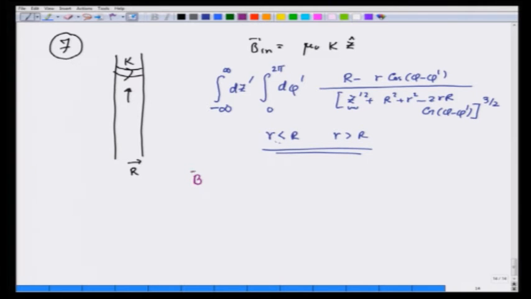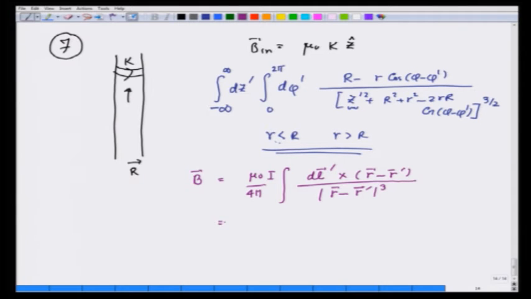B is nothing but mu 0 over 4 pi integral, if there is a current I, I dl prime cross r minus r prime over modulus r minus r prime cubed.